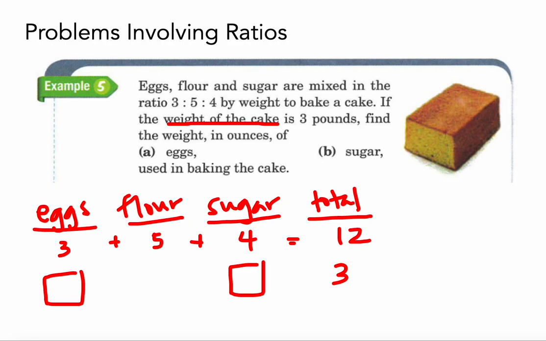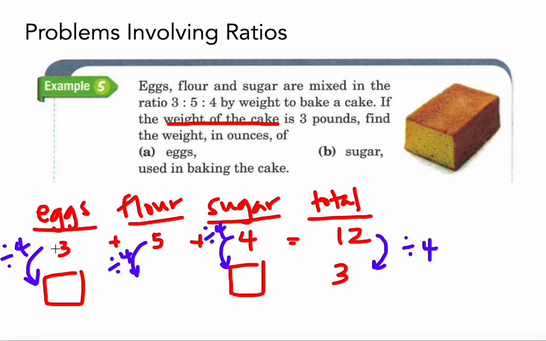Well, let me change to a different color. Looks like this cake that they want to make is basically a quarter of the original recipe. 12 divided by 4 will get me that 3-pounder of a cake. So what I got to do then is to take all these and I also got to divide by 4.